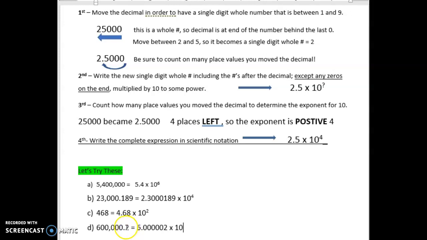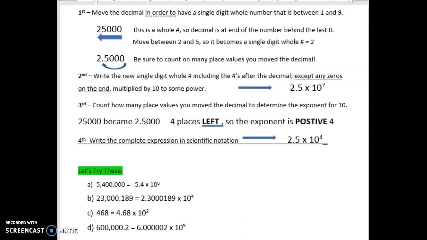Times 10 to a certain power. My exponent is the number that I counted the decimals. So we've got 1, 2, 3, 4, 5 times I moved the decimal. So my exponent is 5. 6.000002 times 10 to the 5th power will be my scientific notation.